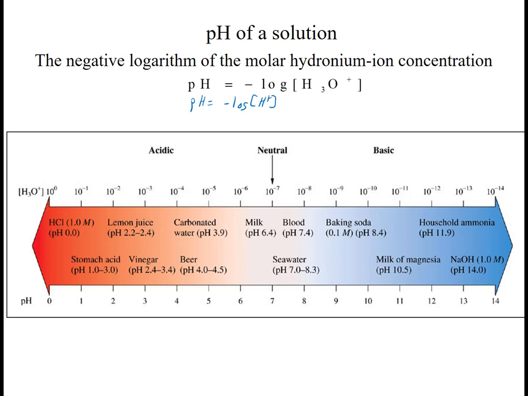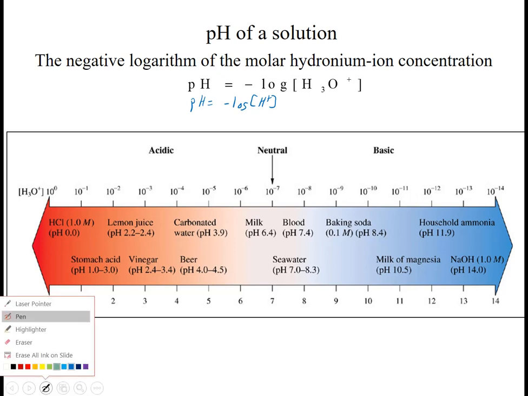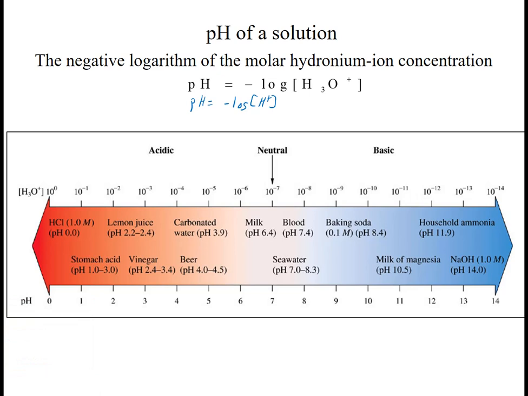But in reality, this p is a mathematical symbol. p means negative log of something, let's say x. This formula is given to you on the formula sheet. There's going to be another formula that's not given to you, which we're going to start with the next slide.